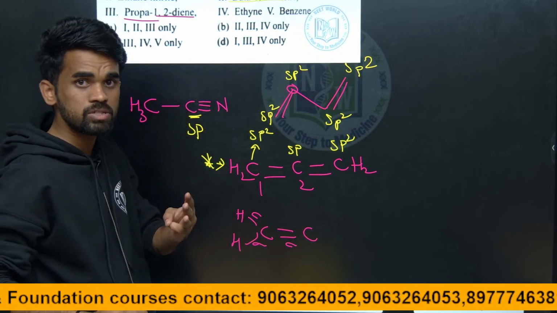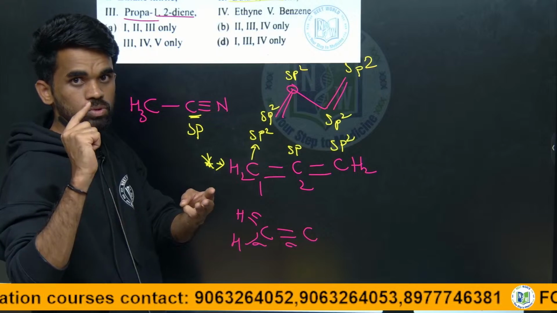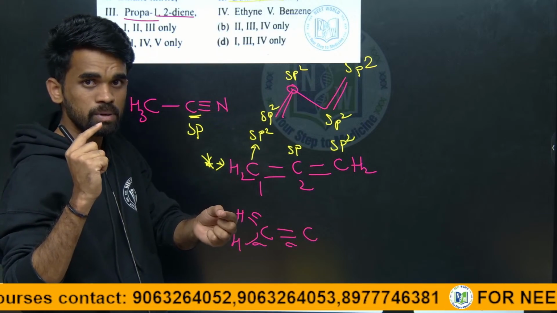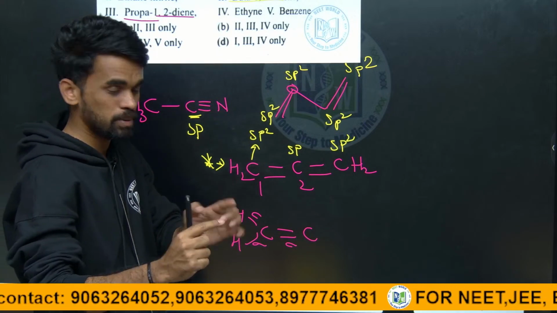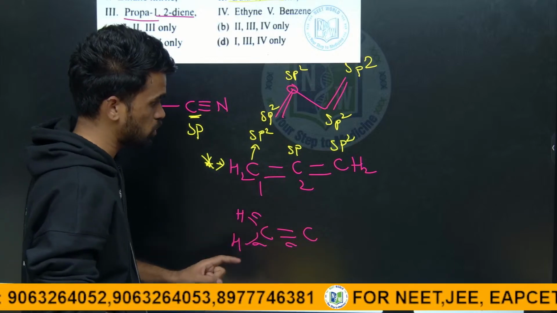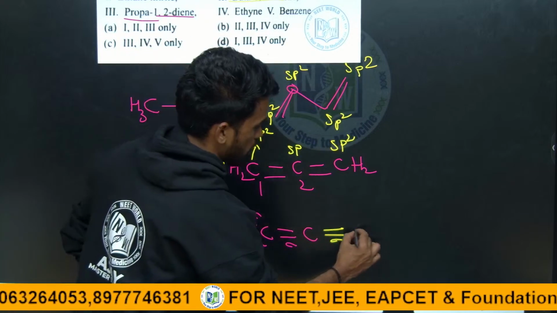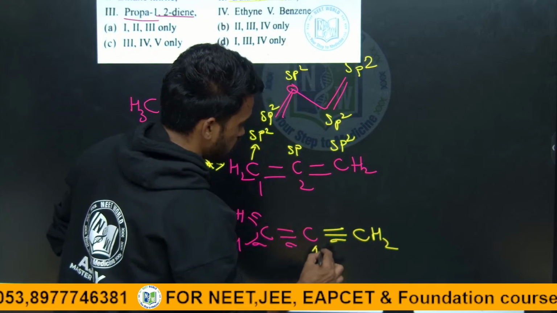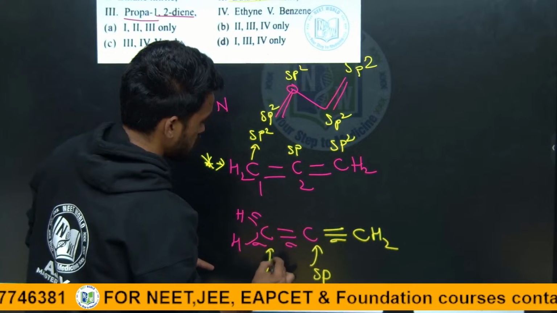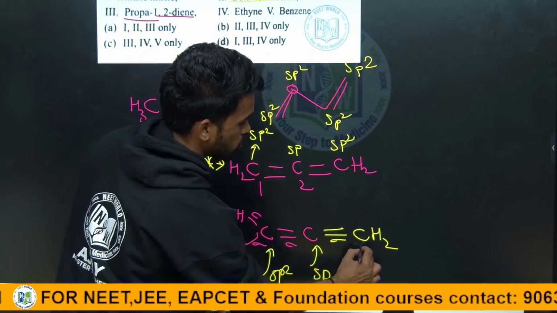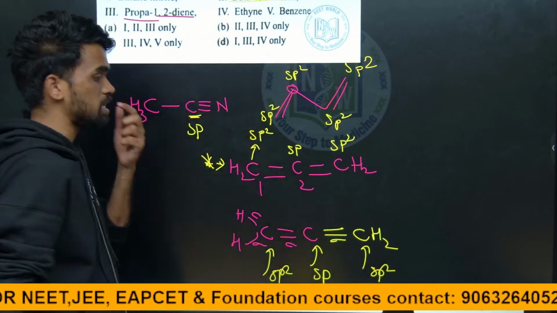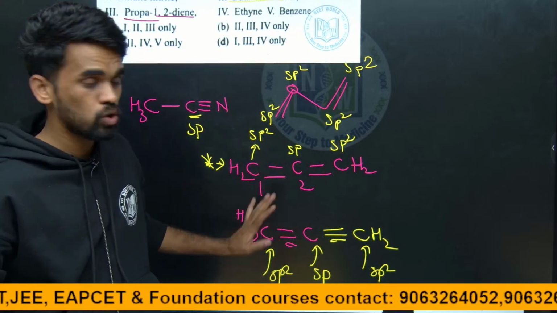So 3 sigma bonds mean sp2, one s, 2nd p, 3rd also p. For this it is sp2. For this one only 2 sigma bonds are there, so it will be sp. For this it is sp2, and similarly for this also sp2. For terminal carbons it is sp2 and the middle one sp. I hope it is clear.